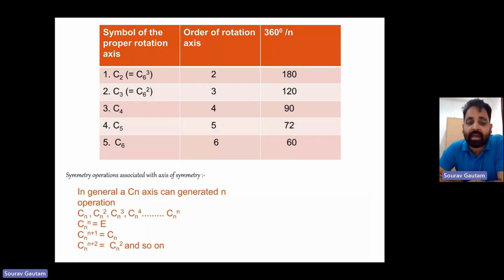In general, a Cn axis can generate n operations: Cn, Cn^2, Cn^3, Cn^4, up to Cn^n. And Cn^n is identity. If C2^2, it means after two rotations it takes the same configuration and comes to an identical shape. So Cn^n, either C5^5 that is identity, C6^6 that is identity, so Cn^n is always identity. Cn^(n+1) is Cn, and Cn^(n+2) is Cn^2, and so on.